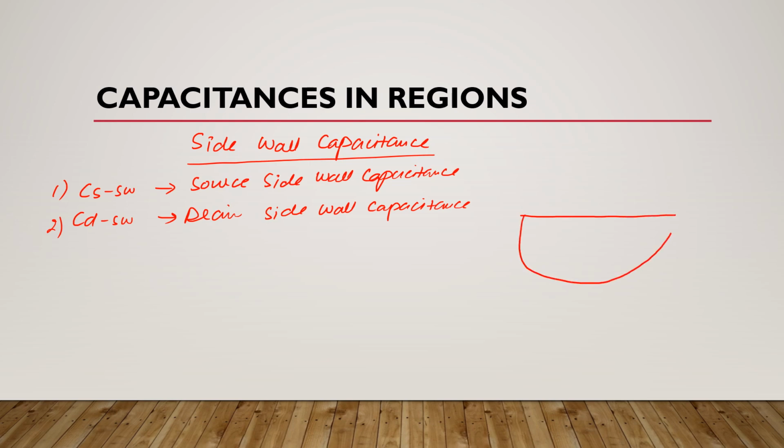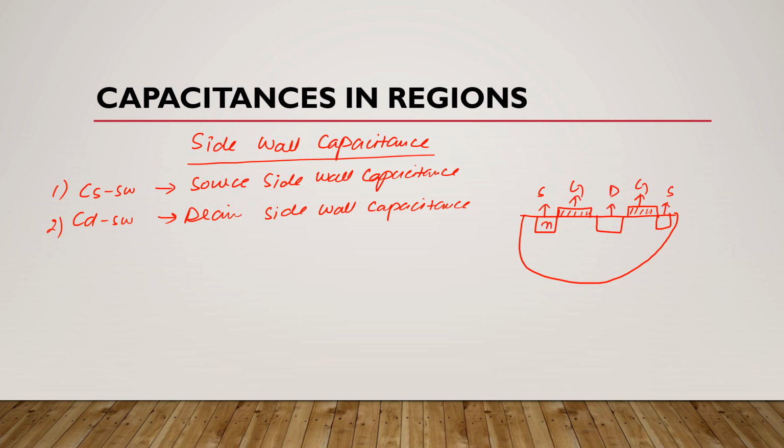Okay, now look at this MOSFET configuration, and here it is like this. Okay, now this is gate, this is gate, this is source, this is drain, and this is source.